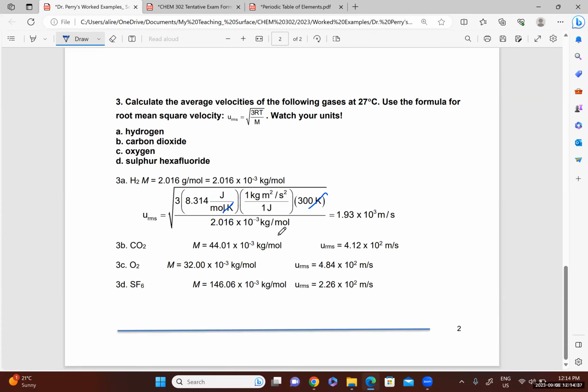Now, how to cancel the rest? At the very end, we want meters per second. But how do we cancel this gram per mole that is in the denominator with joules? We have to first figure out what is in 1 joule. 1 joule is a group of units together.